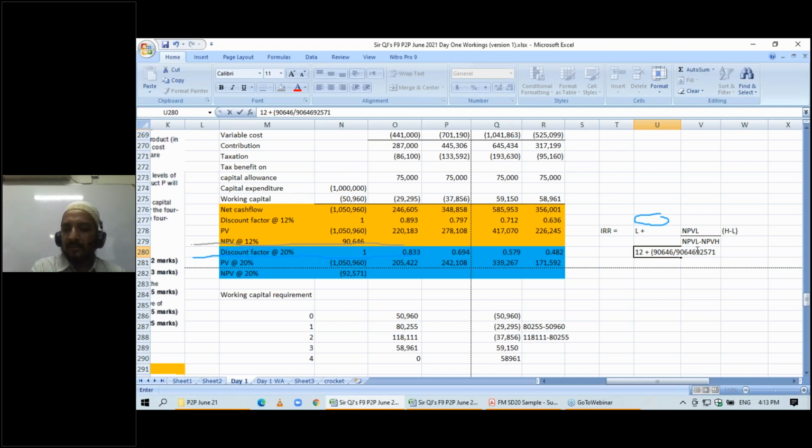So it will become a plus and then we'll multiply it by 20 minus 12. So this gives you an IRR which is approximately 16%. So IRR of this project is 16%.